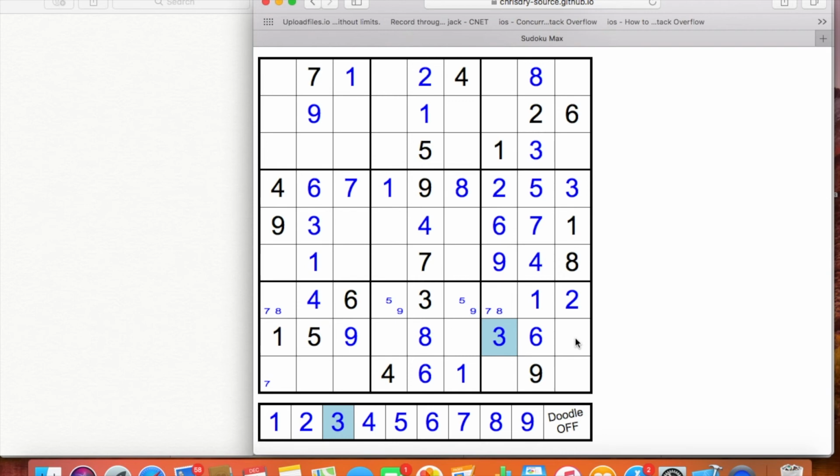And that of course means that a 4 fills that block there. And also the only square available for a 4 is there.